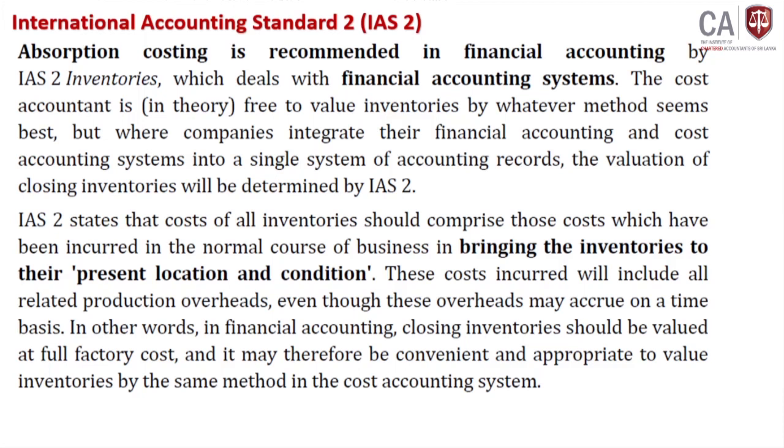You have to prepare financial statements according to the applicable financial reporting framework, which means LKAS and SLFRS. For inventory, you have an accounting standard which is LKAS 2. In International Accounting Standard terms, it is IAS 2. What is IAS 2 telling you? Look at this slide, then you will understand clearly the standard guideline on this.